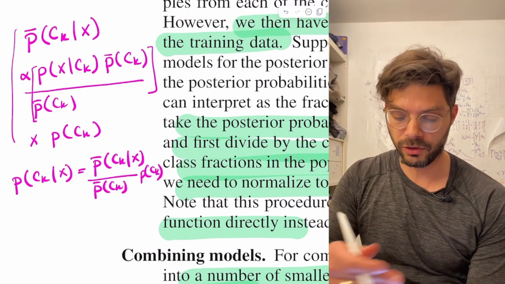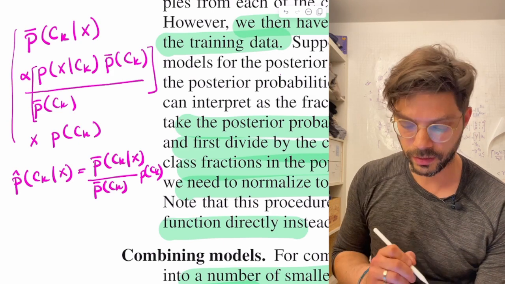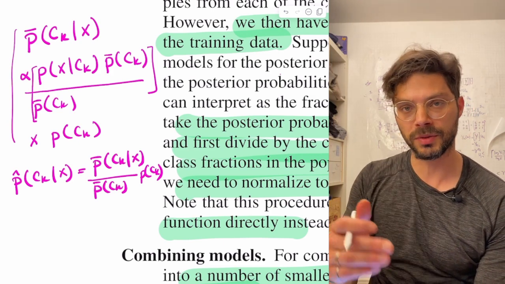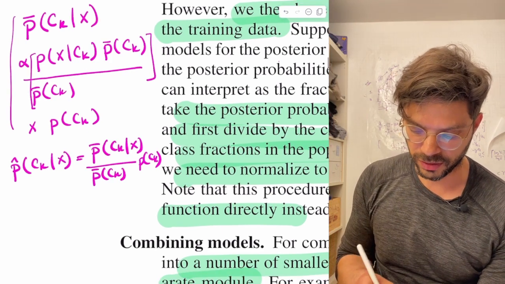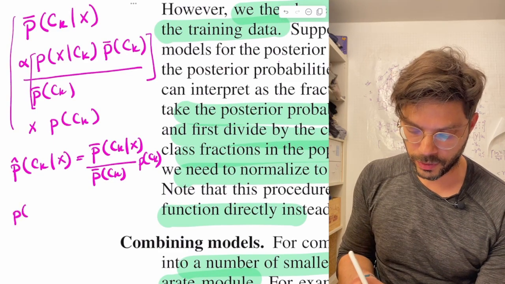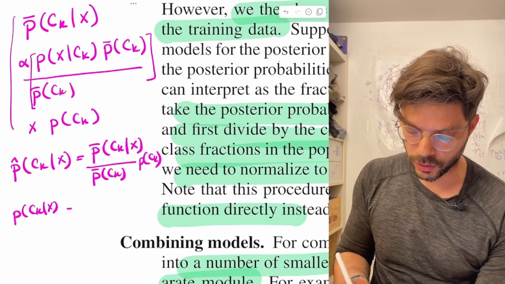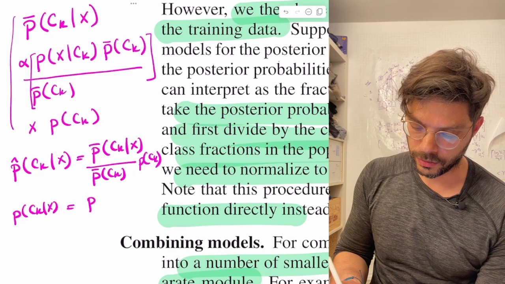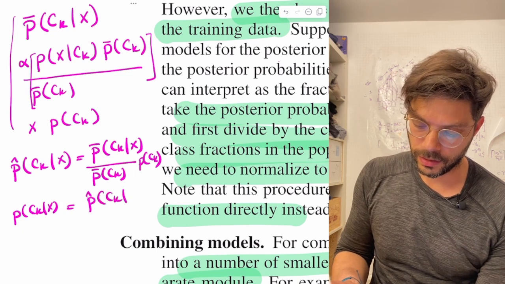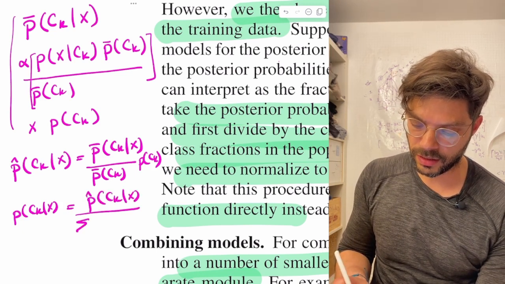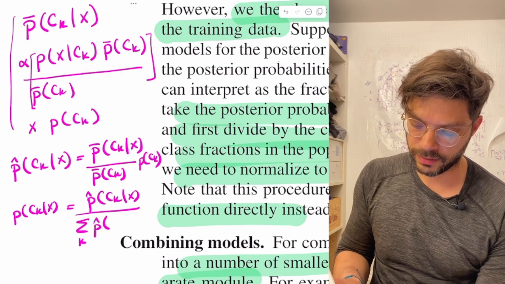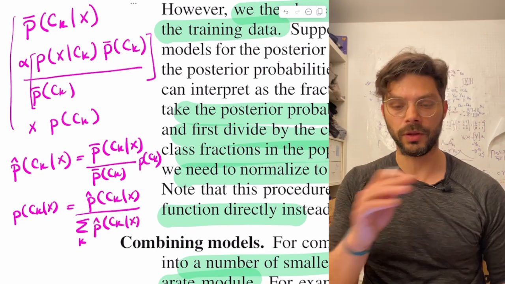Then you might need to normalize. So let's put a hat on it because it won't necessarily sum to 1. The final step is this hat divided by the sum over k of p hat C_k given x, just to make sure things normalize.